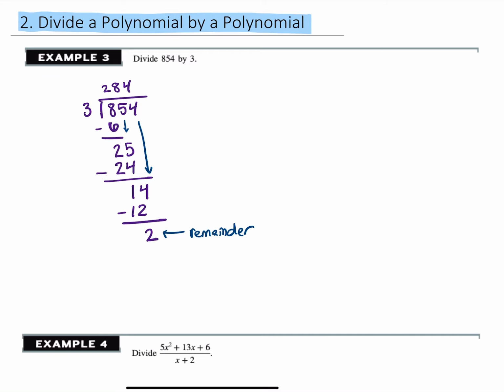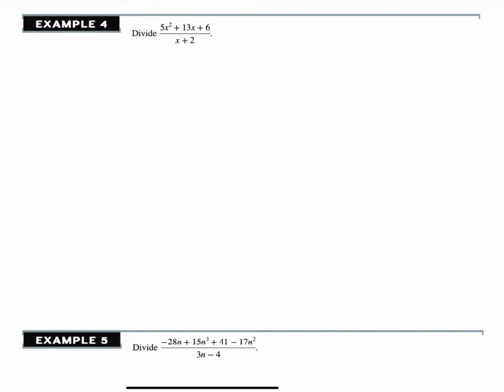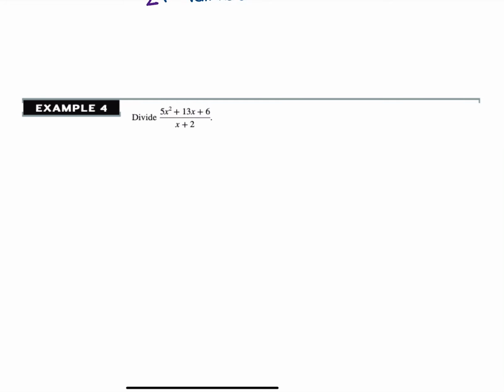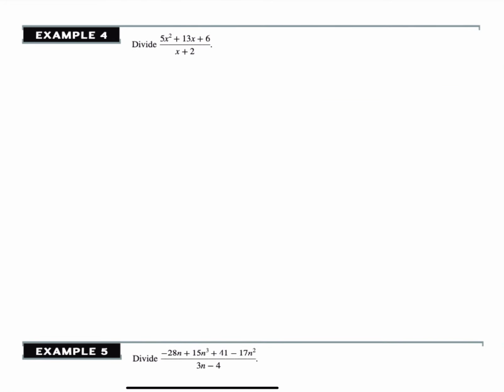So let's just look at our first one, example 4. We have 5x squared plus 13x plus 6 divided by x plus 2. Notice we no longer have a monomial in the denominator. So I'm going to write this like a long division problem. I put the numerator under the division symbol.